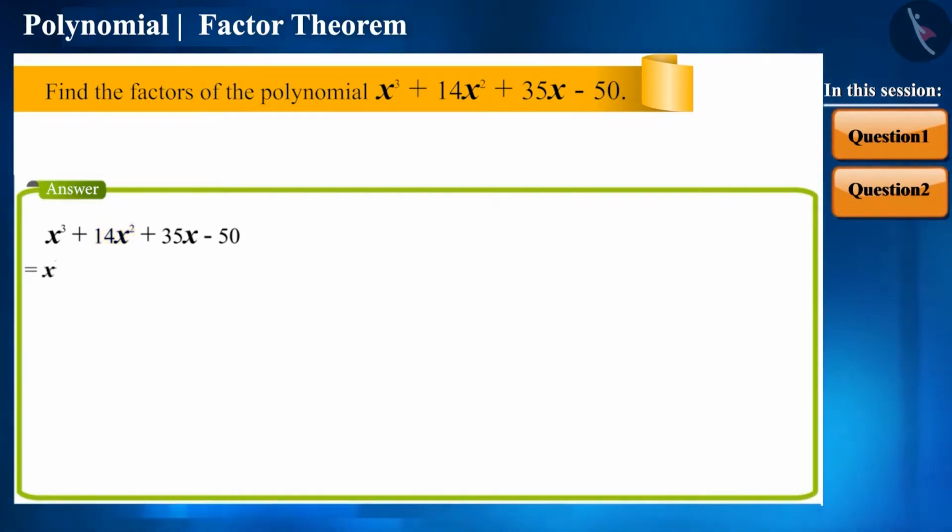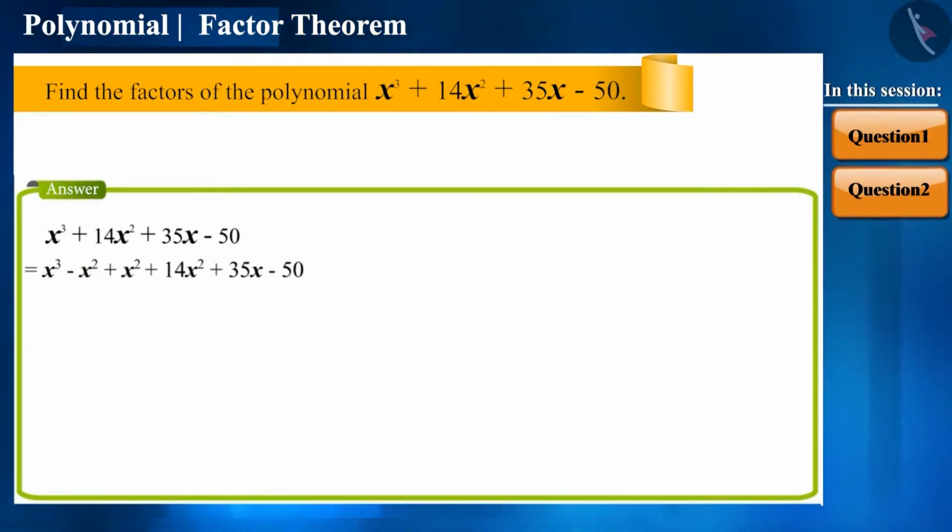We will subtract and add x square once from x cube. Now we can take it common. If you take x square common from the first two terms, you will get x square of x minus 1. The remaining x square plus 14x square will become 15x square plus 35x minus 50.